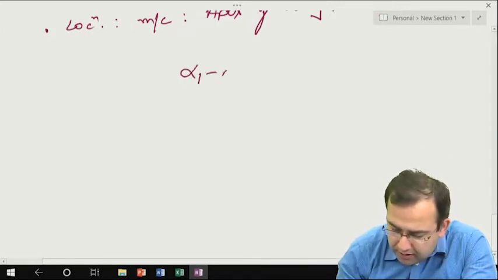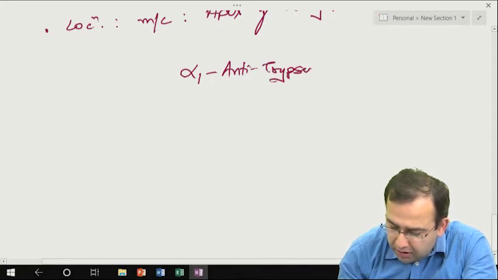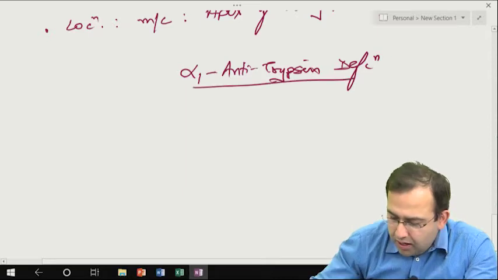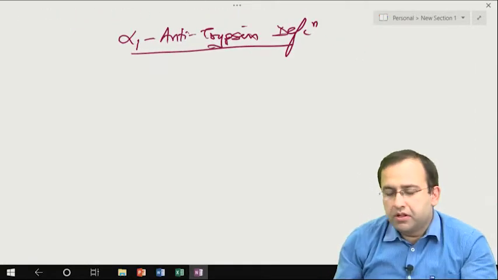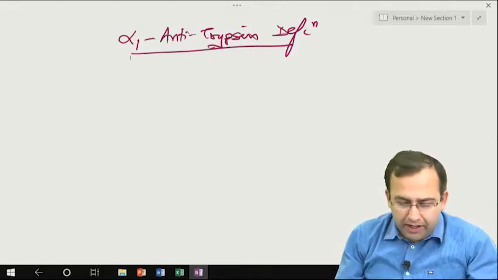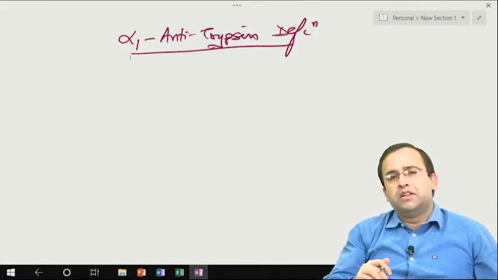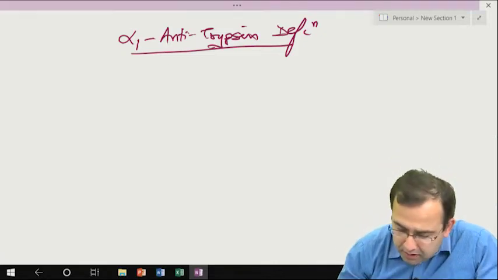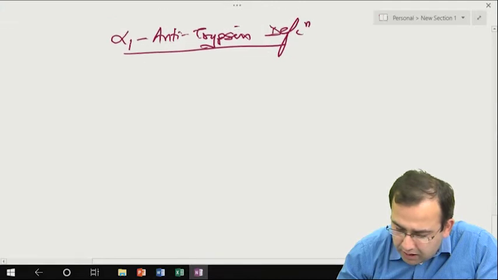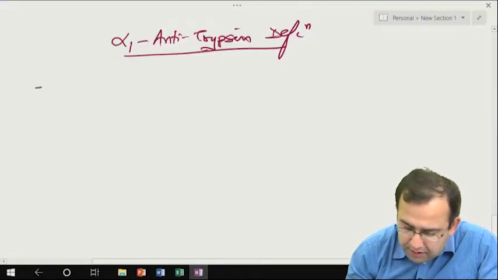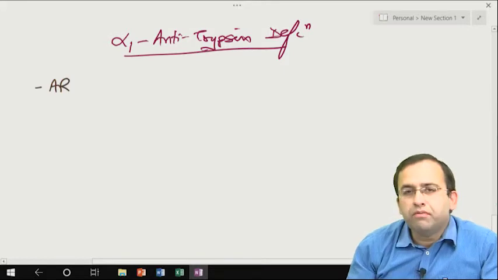So this gets us to alpha 1 antitrypsin deficiency. First point, the name tells you everything. Before we go further, first tell me the inheritance pattern. This is autosomal recessive. Which chromosome?